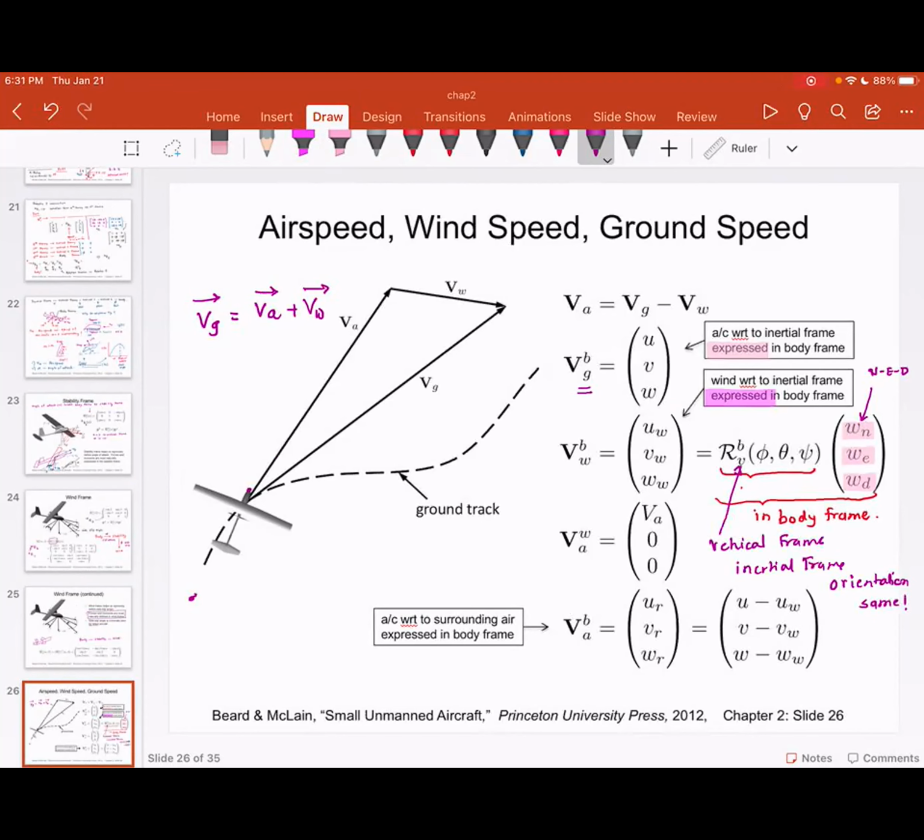And this is very important because Wn, We, and Wd come from the charts. Those velocities are expressed in the Earth-centered, Earth-fixed coordinate frame, in the same orientation as the vehicle frame. So what we do is we go from the vehicle frame, use this rotation transformation, and express the wind velocity in the body frame.